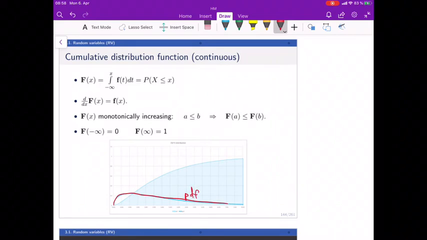And what I do is basically up to a certain point, let's say up to here, this is x, I calculate the area underneath here, and then this area gives me the point. Yeah, and we're here at 0.4 or something. That's how the whole system works. And then if I increase x, the area increases, and we're going up this line. Yeah, so this is the CDF.